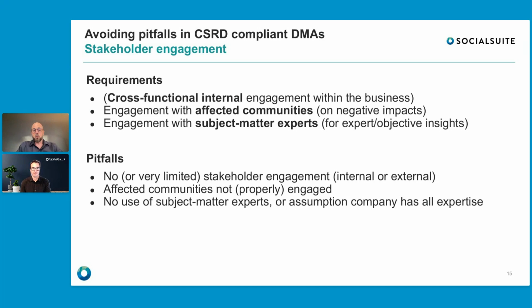Additionally, we are not seeing many external experts engaged and listed. If I'm going to be an assurer, I'm going to assure the process here as well as the outcomes of the DMA. I'm going to look at what process, what formula, what scoring did you use, who did you engage to rank whether these issues are material or not material.